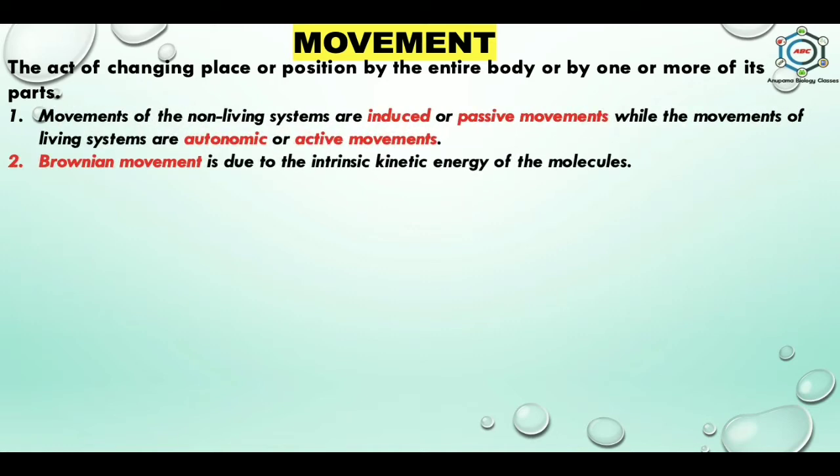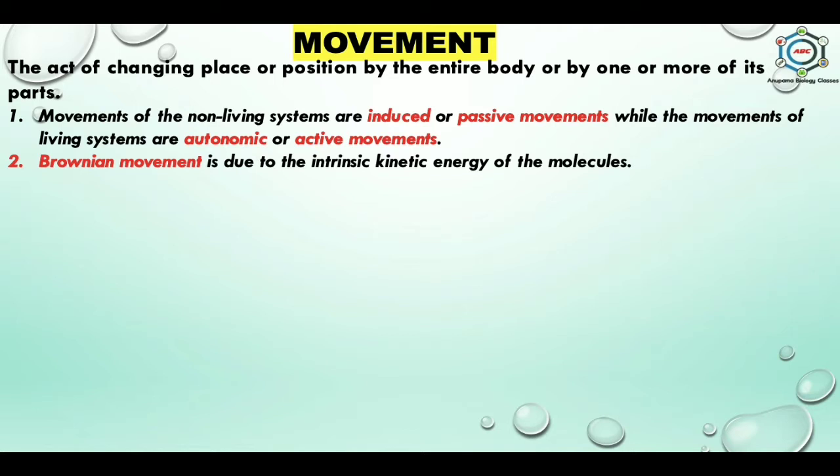Now, on the basis of systems, there are two types. First, in case of the non-living system, induced or passive movement, and in case of the living system, autonomic or active movement. So what is the difference between induced and autonomic movement? Induced movements are like water flowing in a river or an automobile running on the road.